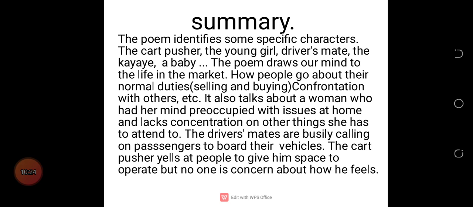"Move out of the way, move out, I say," shouts the cart pusher. None cares about his agitation. The sweat runs down his face, tiny rivulets of disappointment and fear. They snake down and glide effortlessly into his dirty t-shirt. His tongue peeps out and licks the beads of sweat on his lip.